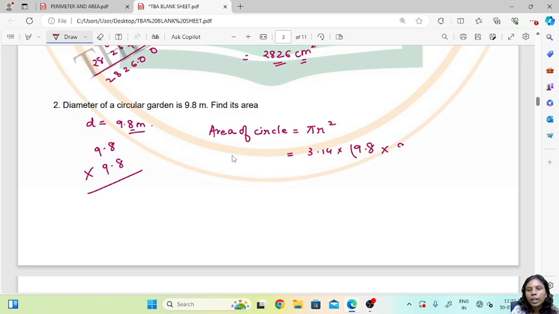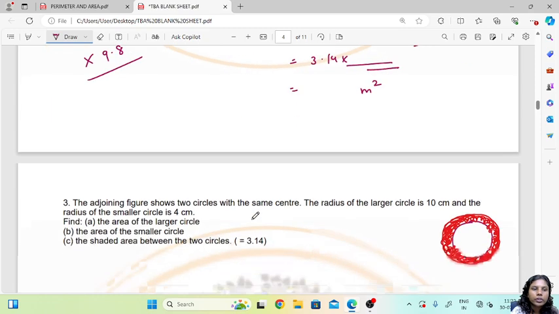Here also we'll have a meter into meter. Then we can solve this part, 3.14 into whatever we get here, and we will get the answer. So answer will have a meter square instead. Previously the sum had centimeter square, here it will have the meter square.